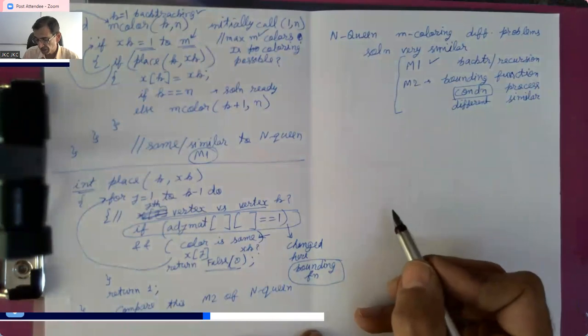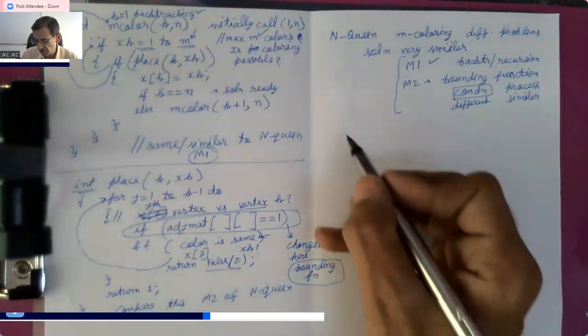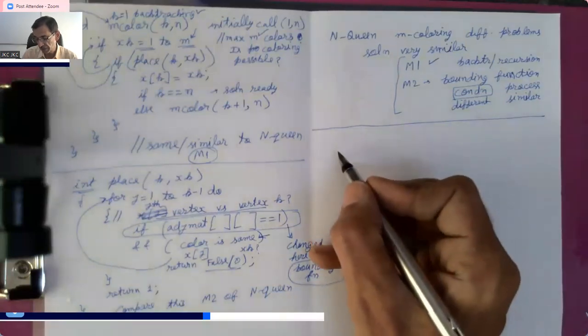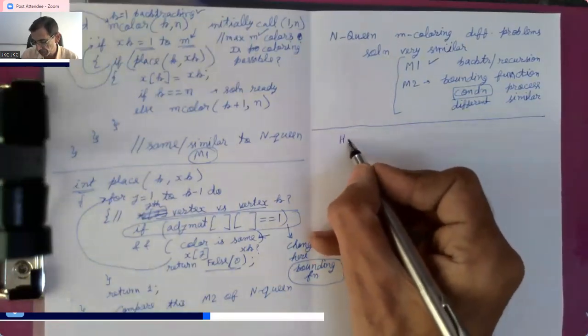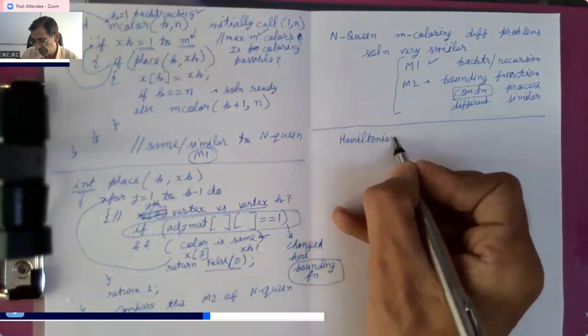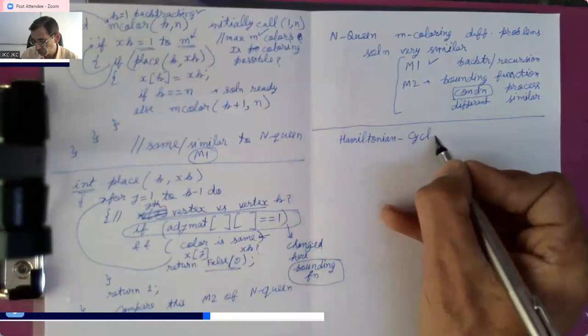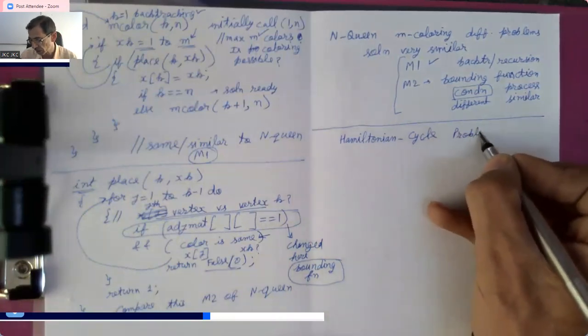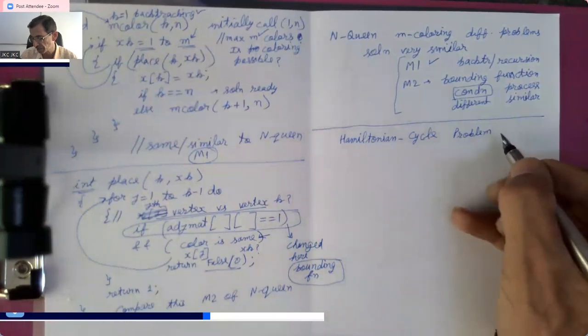Going beyond this, we will see another problem, of a different kind, called the Hamiltonian cycle problem. That's again a totally different problem, but you will be surprised to see that the solution to this will also come in a very parallel and similar manner.